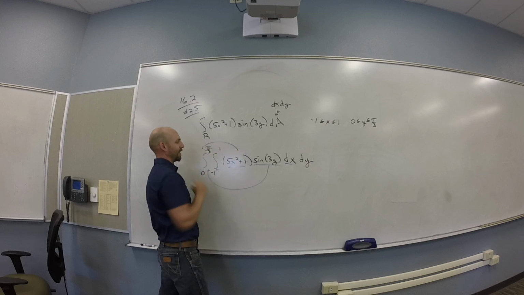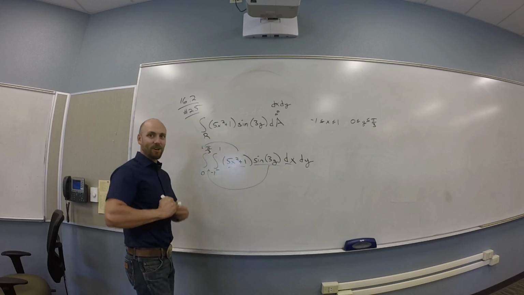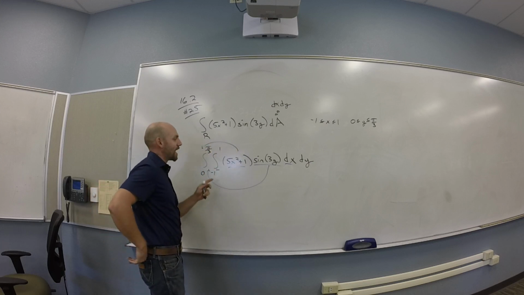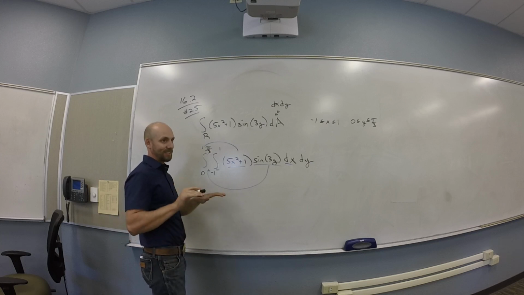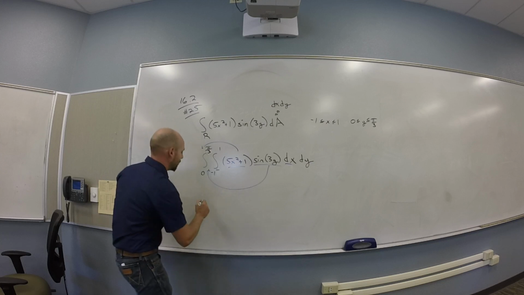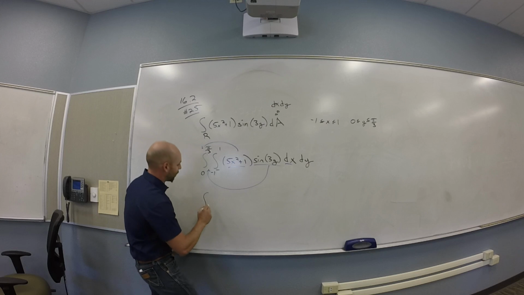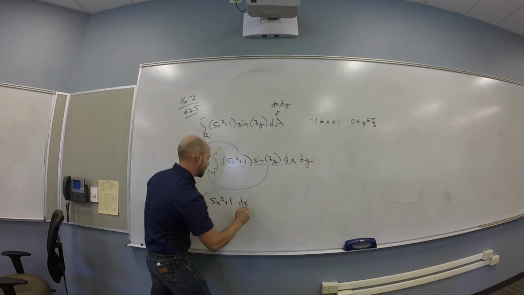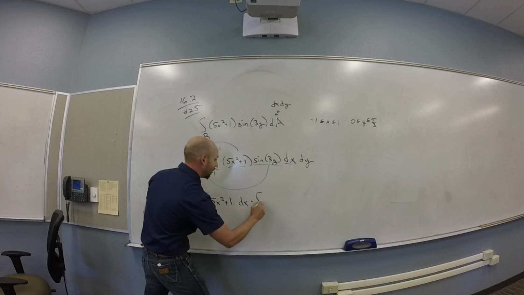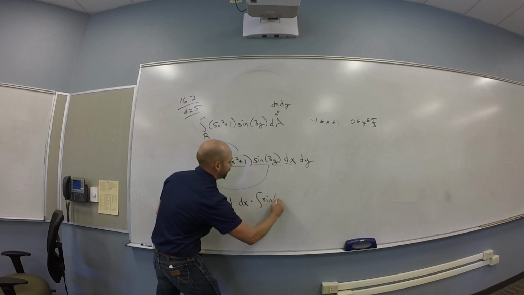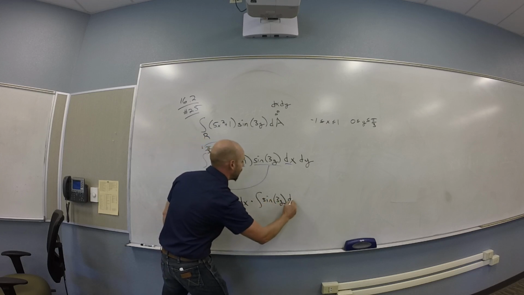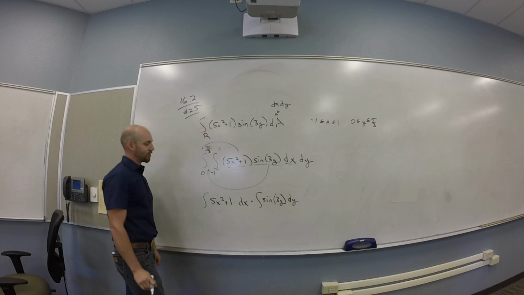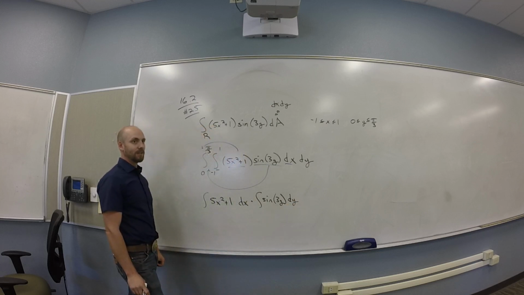So that's going to come over here. So in the end, you'll end up with the integral of the x bits times the integral of the y bits. So I'm going to have the integral of 5x squared plus 1 dx times the integral of sine of 3y dy. And now I just need to make sure that I don't screw up my bounds.